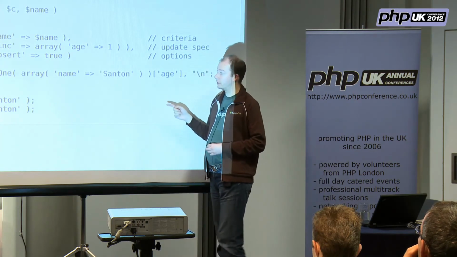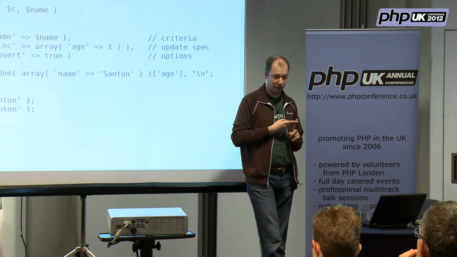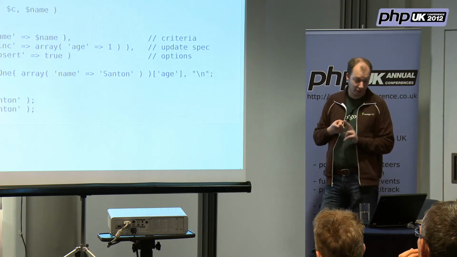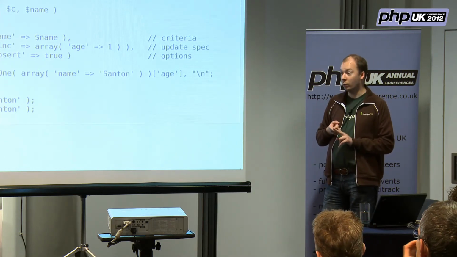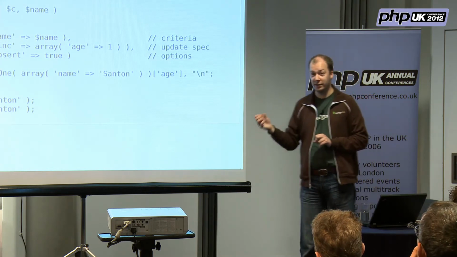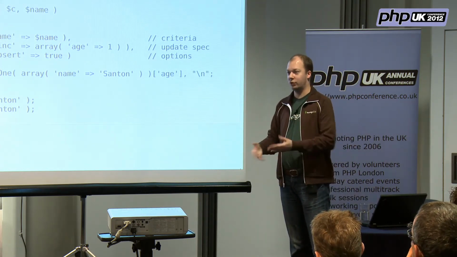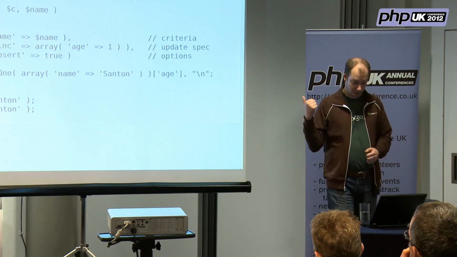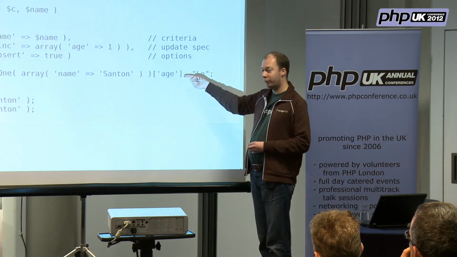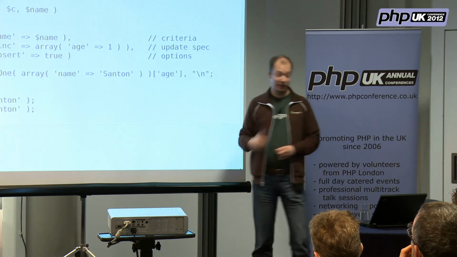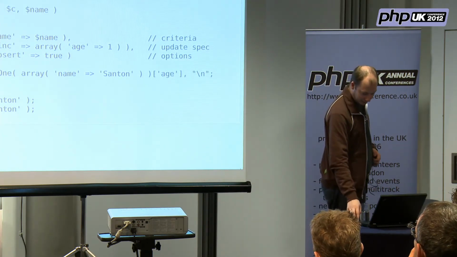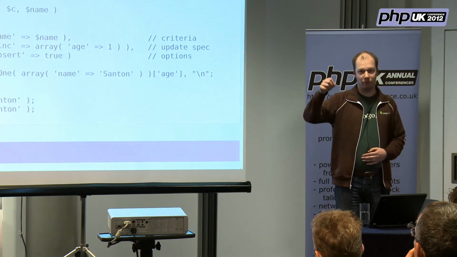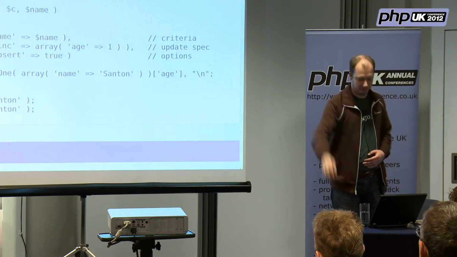So the first time we run this, it will create a new document in our collection with the name being Santon and the age being 1, because if a field doesn't exist and you increase it, it just uses 1. And this is because of upsert. Again, another PHP 5.4 feature using the square brackets behind it. And when we run this, we get as results 1 and 2, because we increase from nothing to 1 and from 1 to 2.